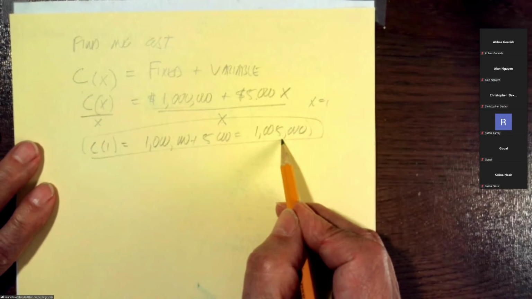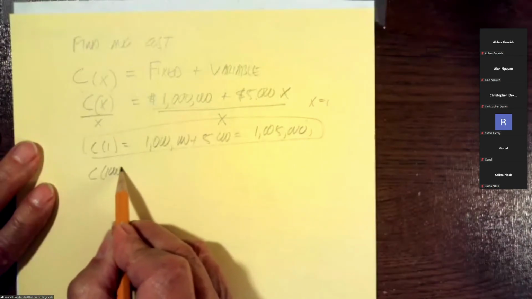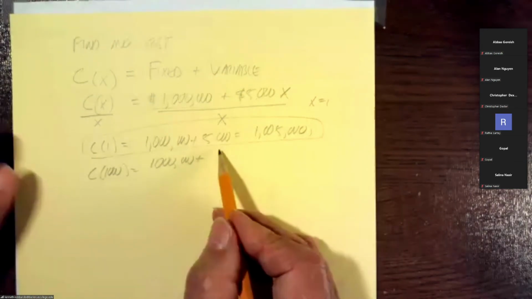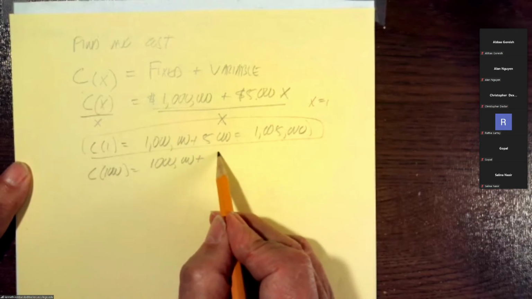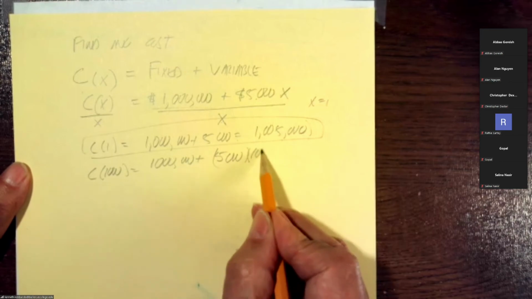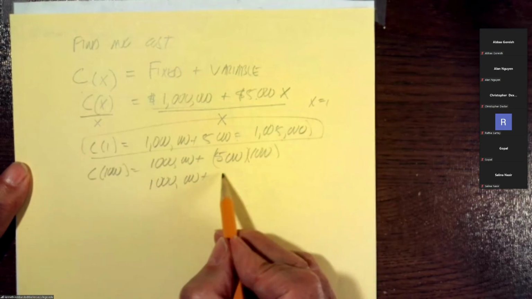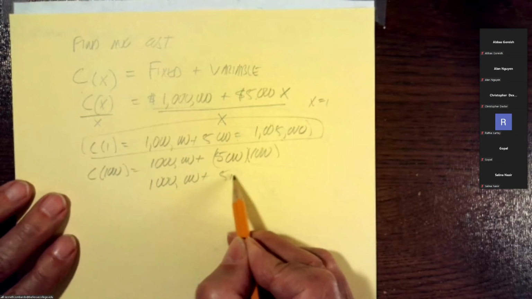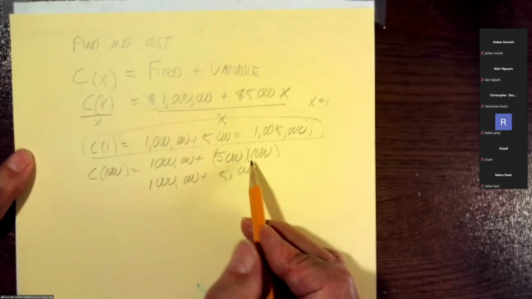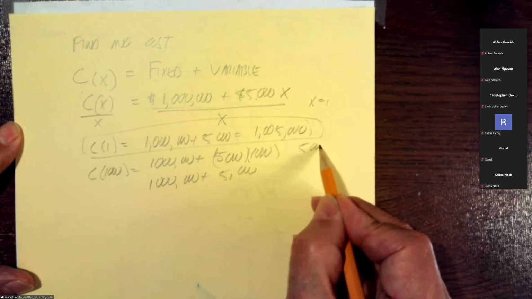Well, let's say I build 1,000 units. So then my cost per 1,000 units is 1 million plus 5,000 times 1,000. So that's 1 million plus, what do we have here? 5 and what? Another 5 million. Let's see, 5,000 times 1,000.